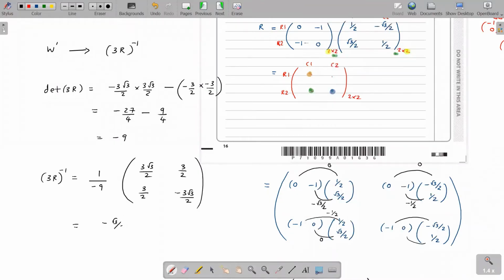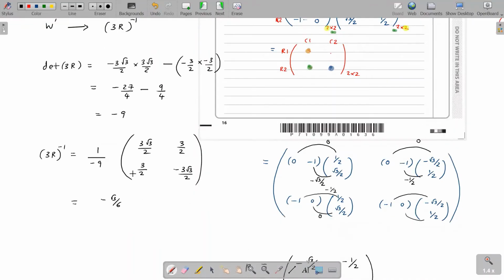Minus 1 over 9 into 3 over 2 is minus 1 over 6. Next one, minus 1 over 9 into 3 over 2, again minus 1 over 6. Minus 1 over 9 into minus 3 root 3 over 2 should be positive root 3 over 6. So this is it. This is the W dash matrix. The transformation represented by W dash is the inverse of the 3R matrix.